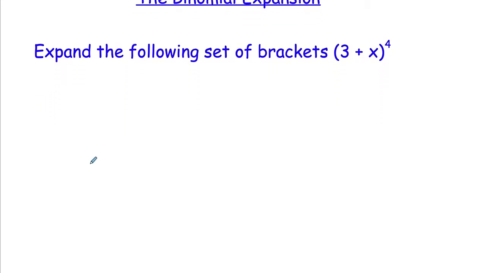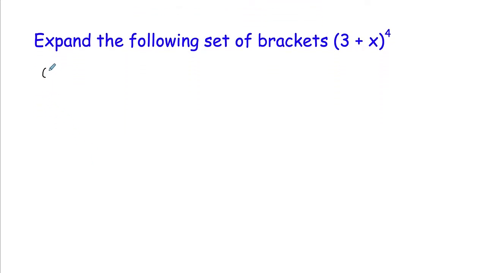Okay, so to expand 3 plus x to the power of 4, it is going to be 3 to the power of 4 plus 4C1, which is 4. Let's write 4C1, you'll see why in a minute, times 3 cubed times x to the power of 1.